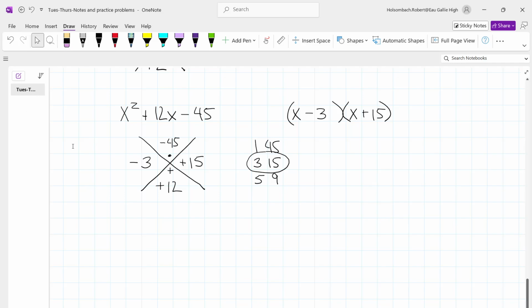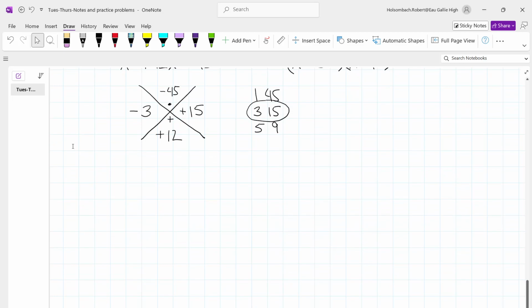All right, and then let's talk about one more example here where we've got x squared minus 6x minus 5. Now be careful on a problem like this.